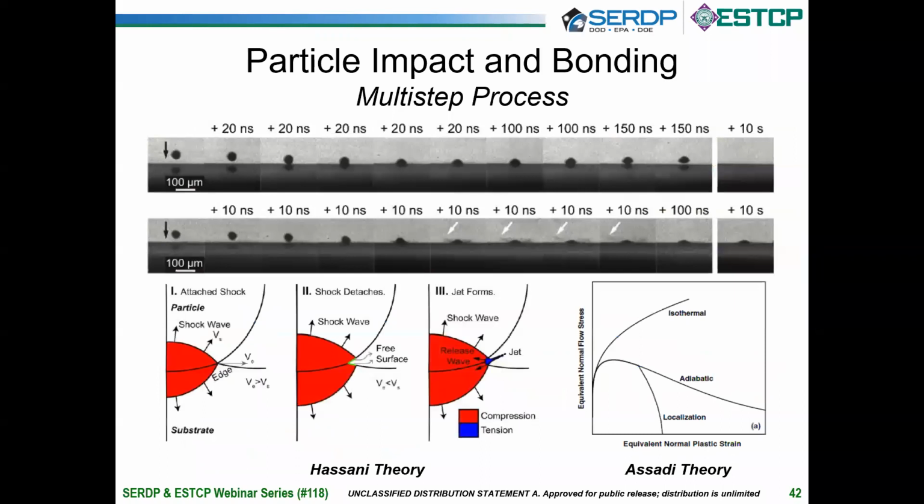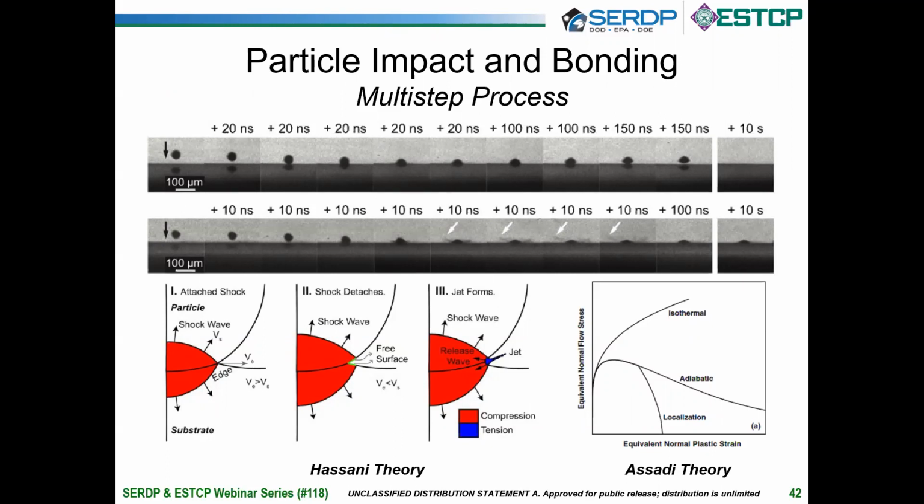So let's take a look at the process itself, the impact process. We collaborate with many universities around. This is work that was done by MIT. You can see the images in the top of a particle impacting below what we call its critical velocity. So critical velocity is that velocity that's going to achieve bonding.